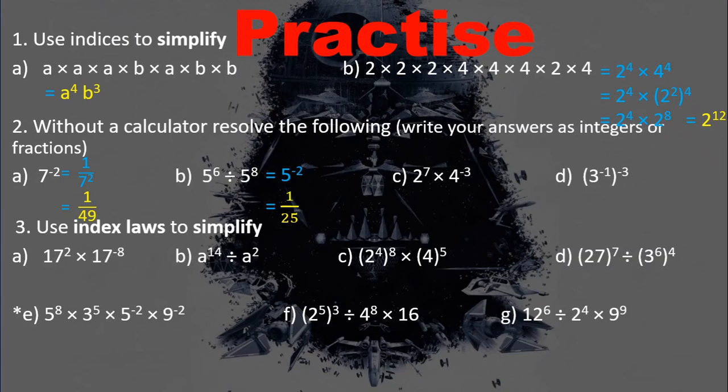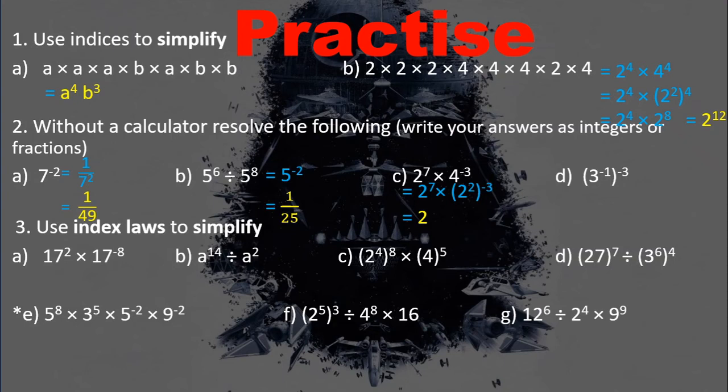Question C, they don't have the same base to begin with, but think what we did up in B. If you want to hit pause and try it now, please do. Question C is 2 to the power of 7 times 2 squared to the power of negative 3. And then power of a power rule makes that 2 to the power of 7 times 2 to the power of negative 6. And 7 minus 6 is 1. So that just gives us 2 as our final simplified answer.